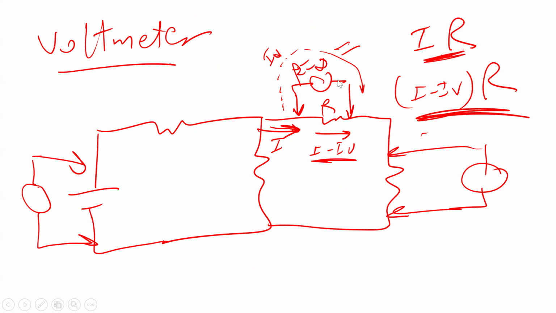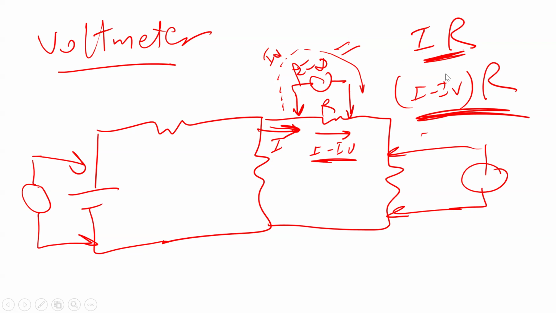Anyway, I'm just explaining it because it's related to what I'm explaining here. Number one, a voltmeter is used to measure the voltage across elements. You have to connect it in parallel. Okay, this is number one. Number two, ideally this voltmeter should have very high resistance. Most of the current is going to go this way, 99%.